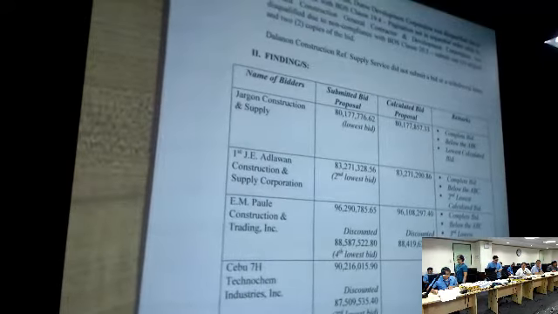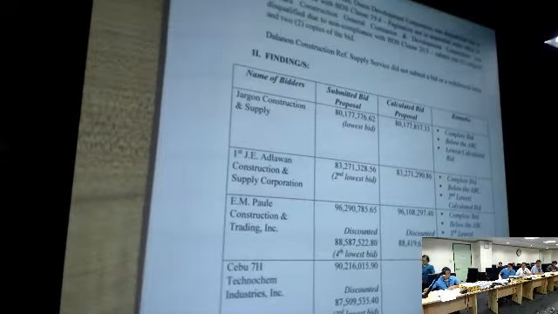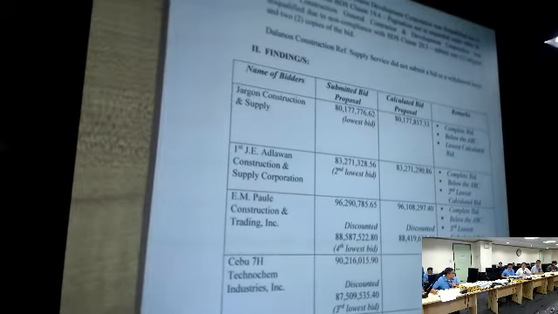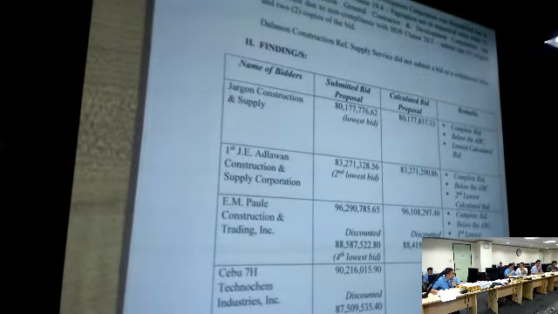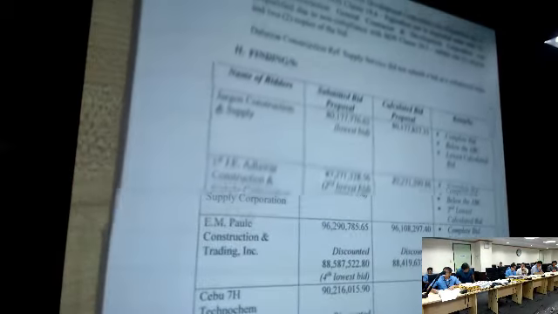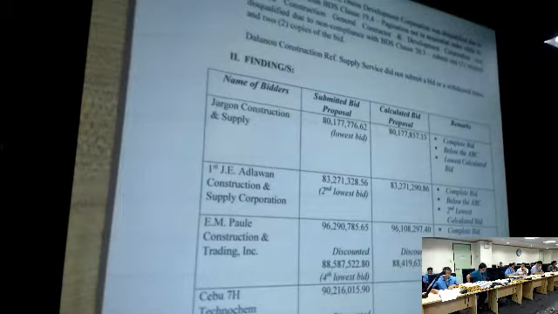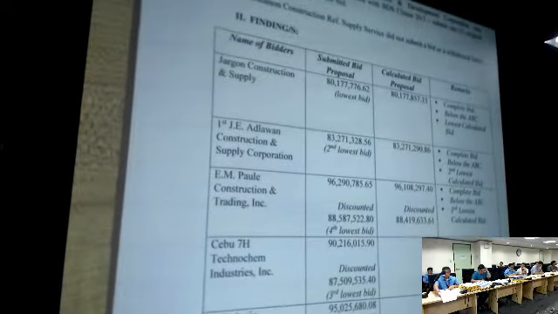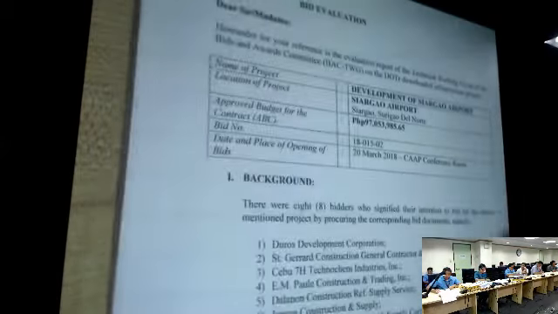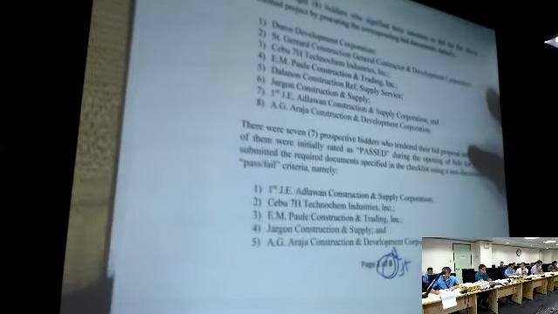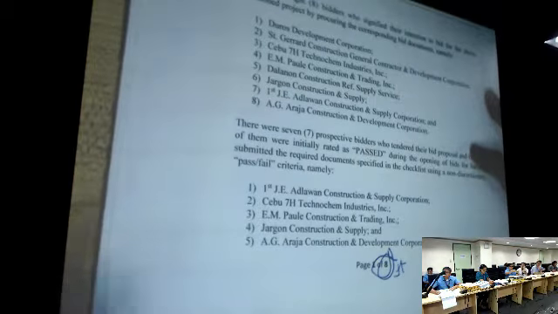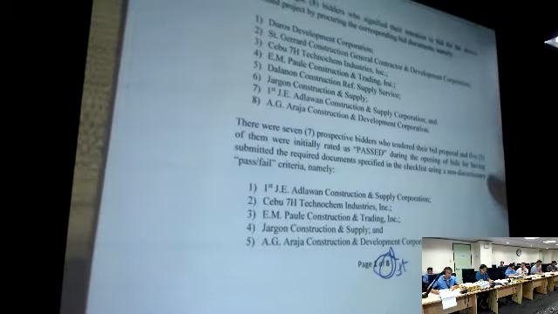And St. Gerard, sir, submitted envelopes that were contained in one single envelope, the technical and financial proposal, so not in accordance with BDS Clause 20.3. So, out of the 7, sir, 5 passed during the opening of bids, namely Adlawan, Cebu 7H, PM Paule, Jargon, and AG Araha.